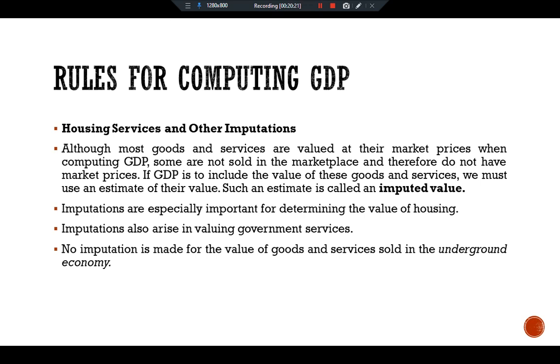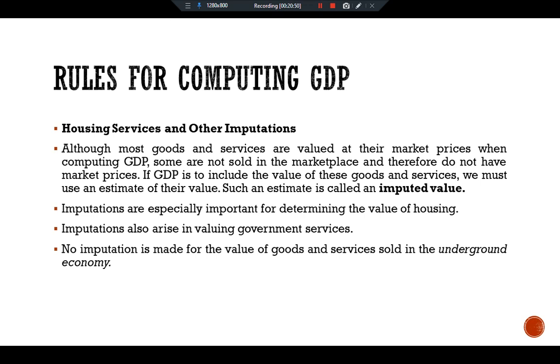The imputations necessary for computing GDP are only approximate, and because the value of many goods and services is left out altogether, GDP is an imperfect measure of economic activity. These imperfections are, we can say, mostly probabilistic when comparing standard of living across countries.